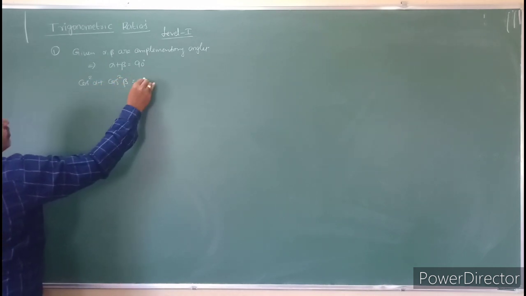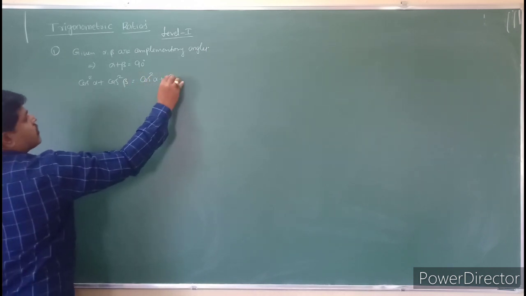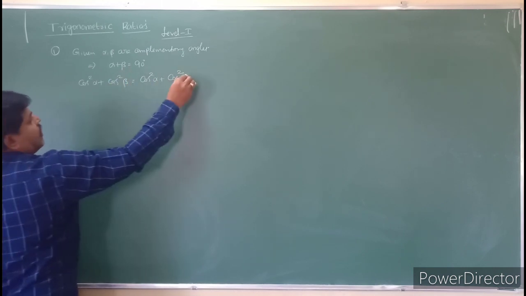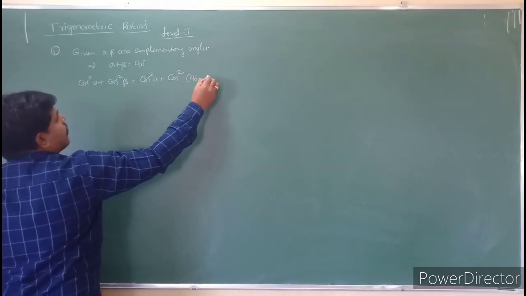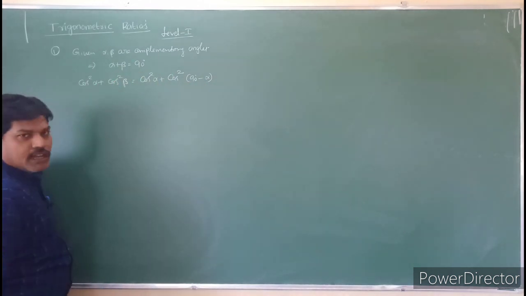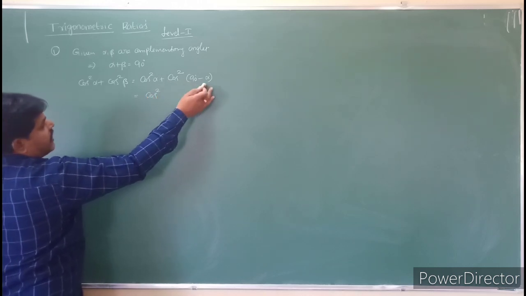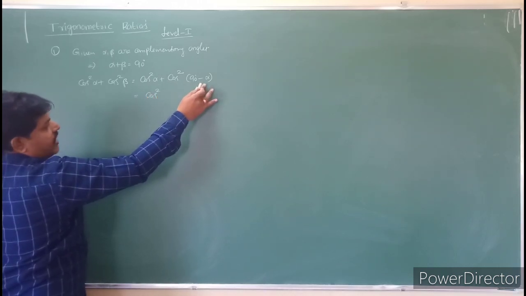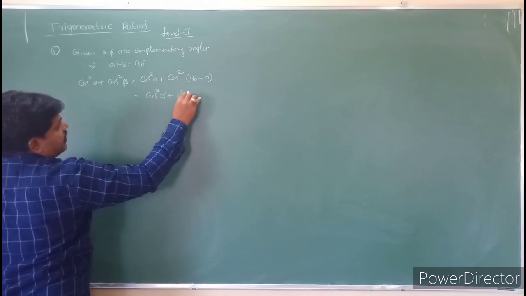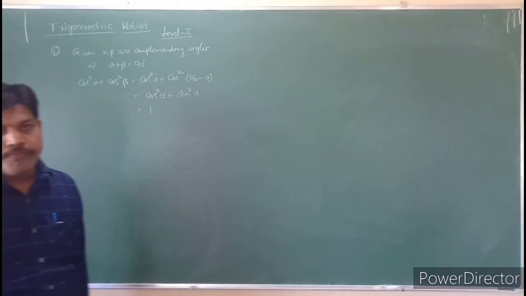In the place of beta you can write 90 degrees minus alpha, because beta is equal to 90 minus alpha. So that is equal to cos square alpha plus, cos of 90 minus alpha will become sine, so sine square alpha. This value is 1.